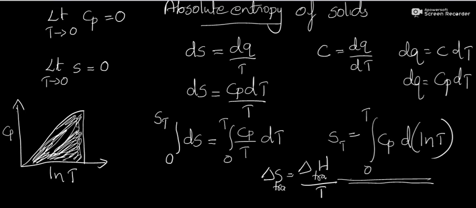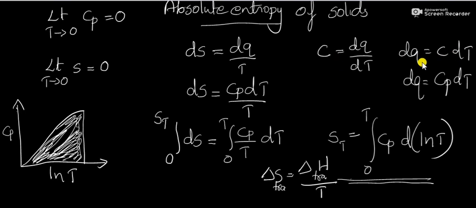Next is the determination of absolute entropies of substances like solid, liquid or gas at any temperature at a constant pressure. An infinitesimal entropy change, that is dS, of the system is given by dS equal to dq by T. And we know that the molar heat capacity C is equal to dq by dT, or dq is equal to C into dT.